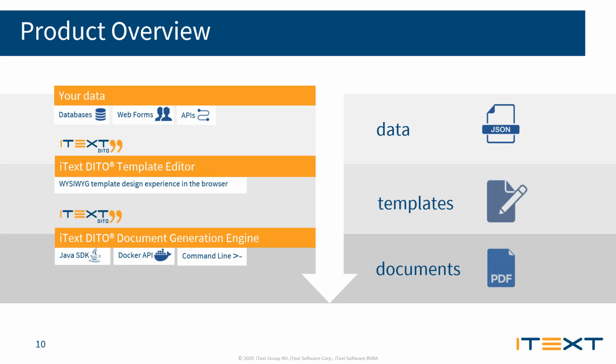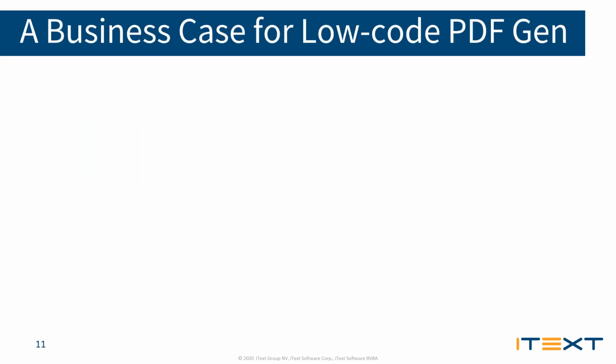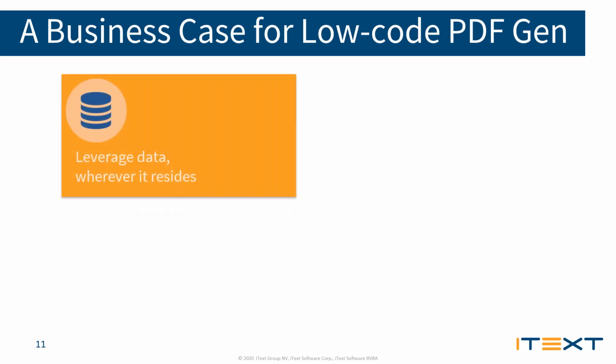But I promised you a business case. So let's reword that a little bit into a business case and talk about 4 reasons why you should consider low-code PDF generation. The first thing, leverage data wherever it resides. Actually, iText Dito is a very straightforward and simple way to leverage data that you may have access to.